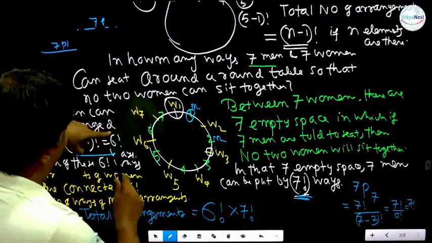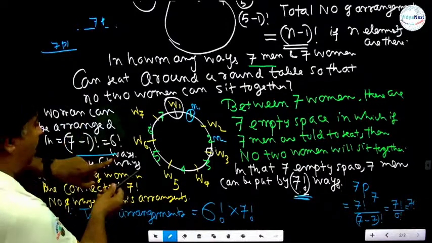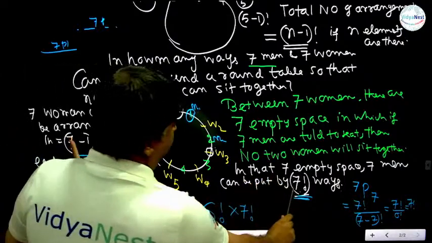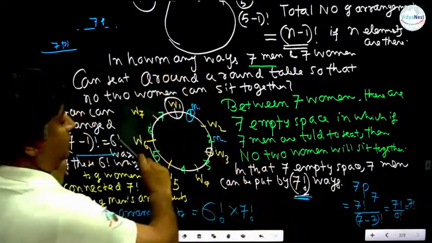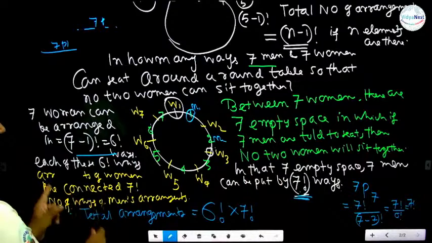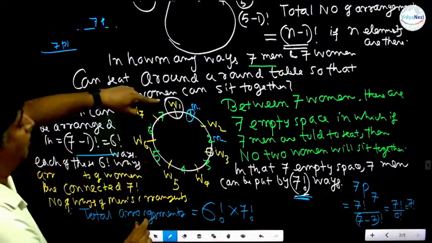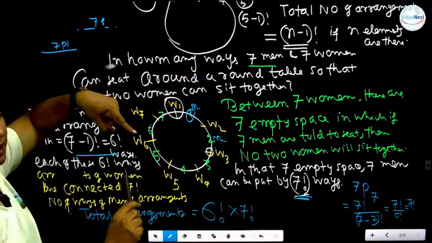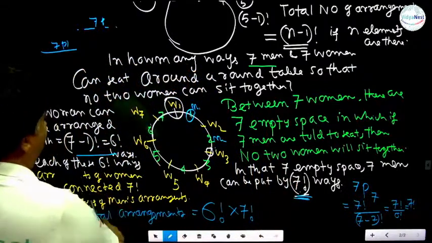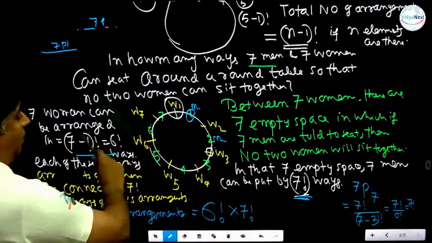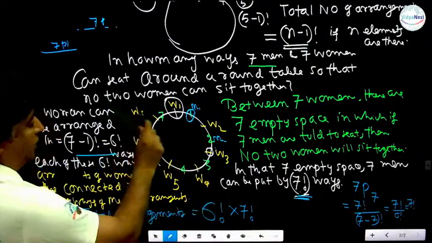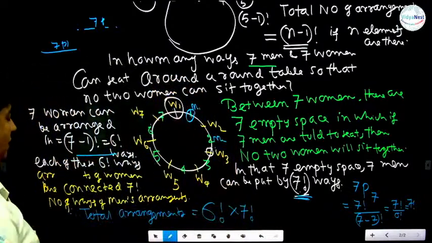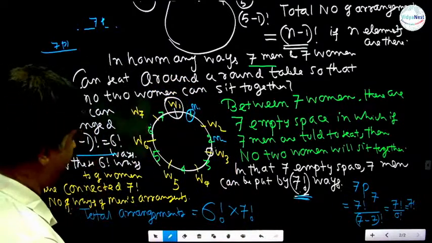So with each of these factorial 6 ways, there will be factorial 7 arrangements. With one arrangement of women, there are factorial 7 arrangements of men. So by the unitary method, with factorial 6 positions of women, there will be factorial 6 into factorial 7 ways. Understand?